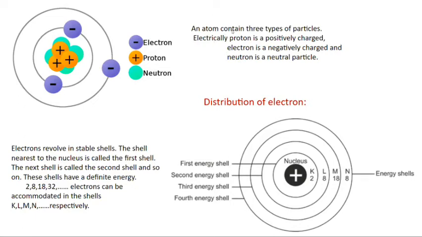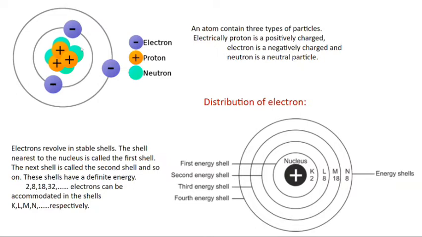So, an atom contains three types of particles. Electrically, proton is a positively charged, electron is a negatively charged, and neutron is a neutral particle. So these two types, proton and neutron, are present in the nucleus.